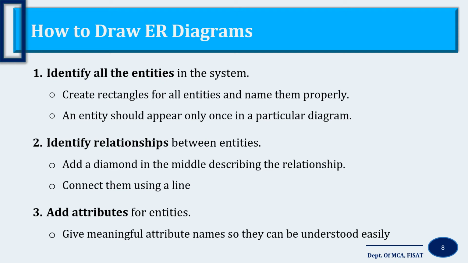After identifying all the entities, we have to find out the attributes for the entities, right? What are the properties that these entities are going to be described with? So find out all the attributes, and give meaningful attribute names so that they can be understood easily. We might find different types of attributes also.